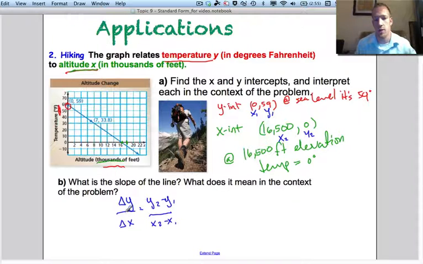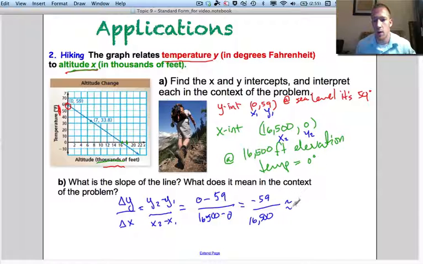Remember, the little triangle just means change in. So this is going to be 0 minus 59 over 16,500 minus 0. That's easy. That gives us negative 59 over 16,500, which is approximately negative 0.0036. Amazing, I did that in my head that quick.